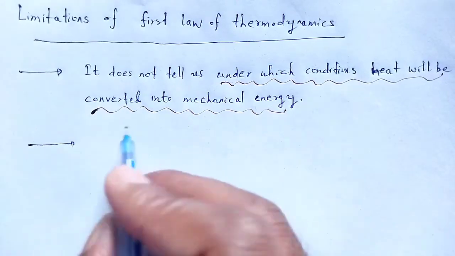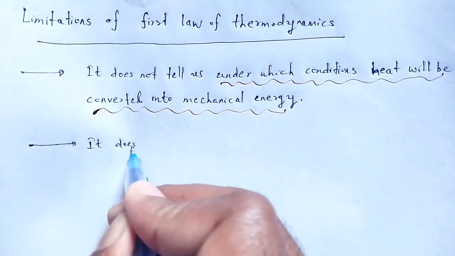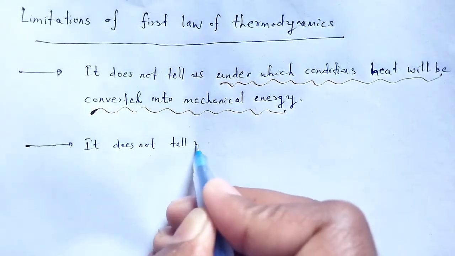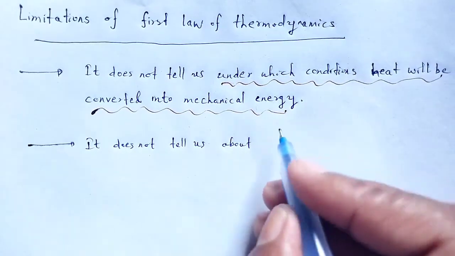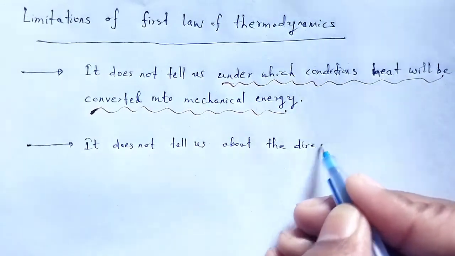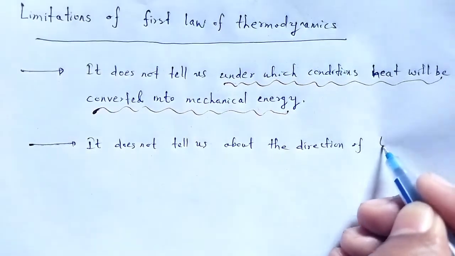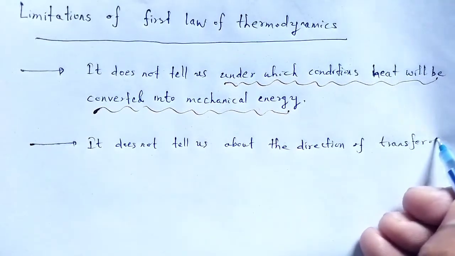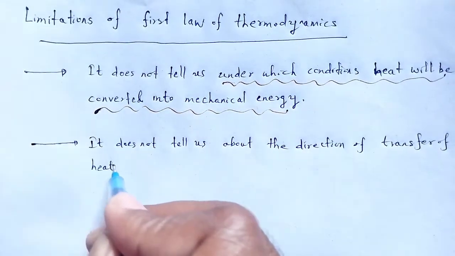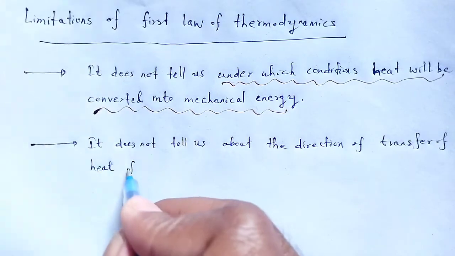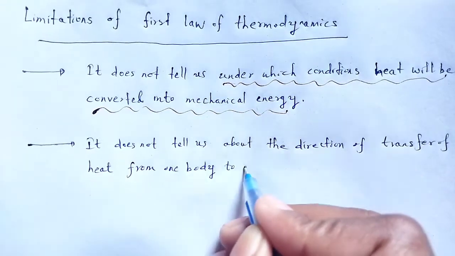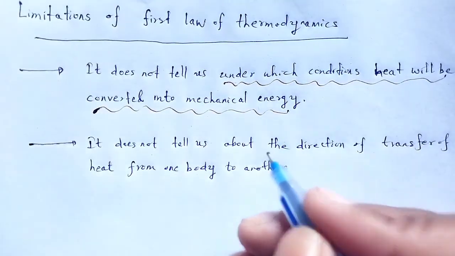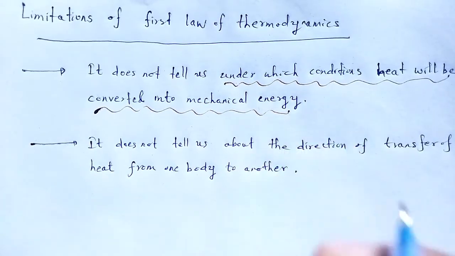Next one, it does not tell us about the direction of transfer of heat from one body to another, meaning why heat does not flow from cold body to hot body.